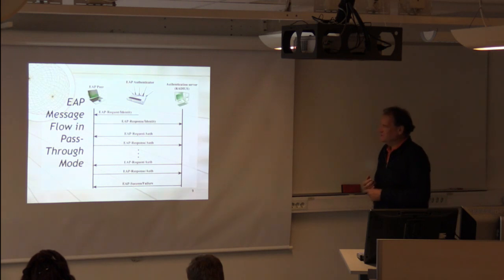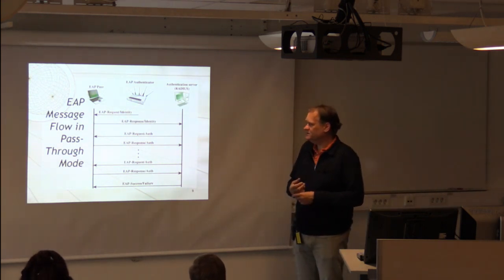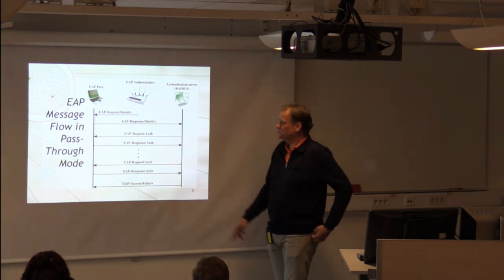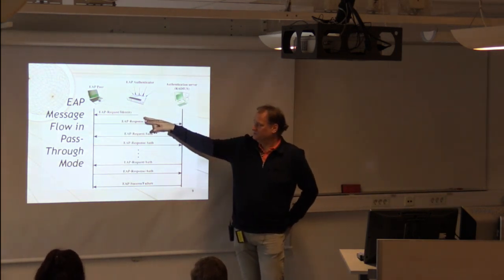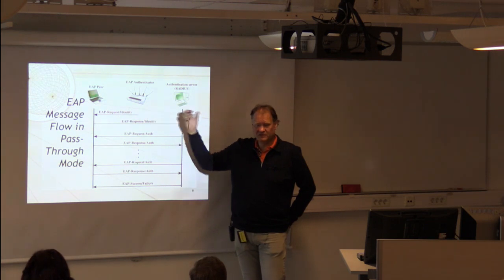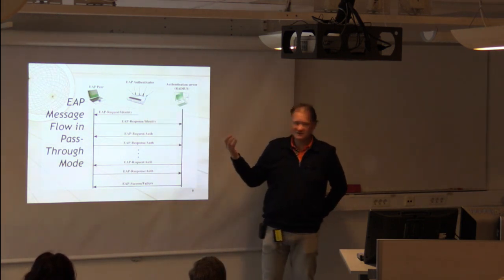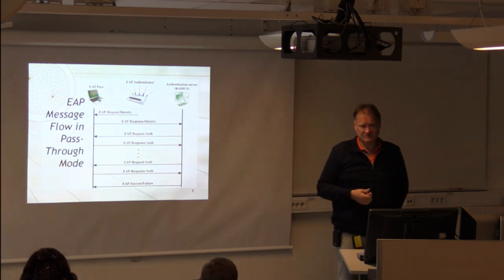And this shows the names of the messages that we send. So as you see, it starts with the authenticator, which may sound a little bit strange, because the first packet that goes here is that the network access point sends a message to the supplicant.